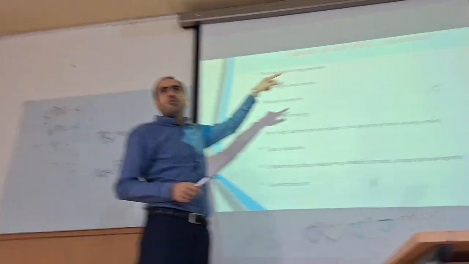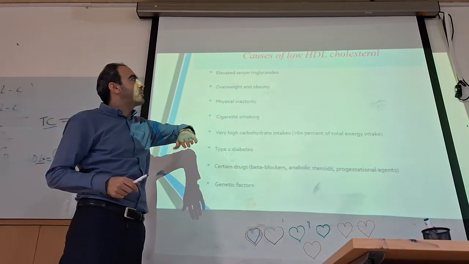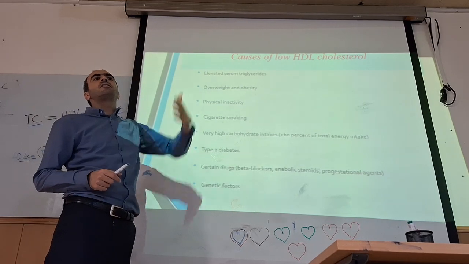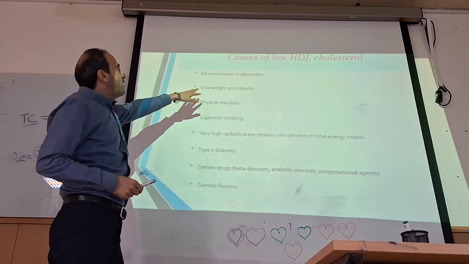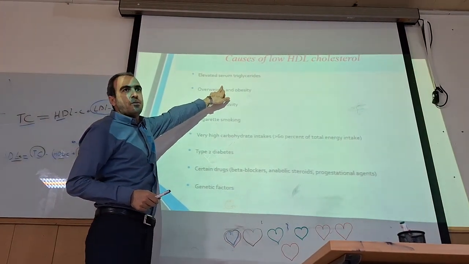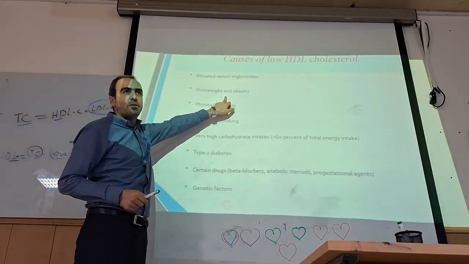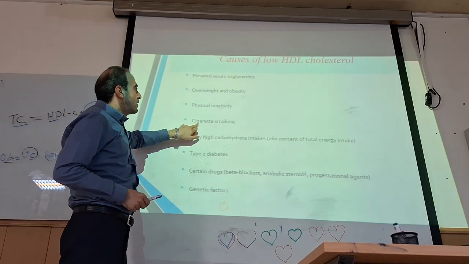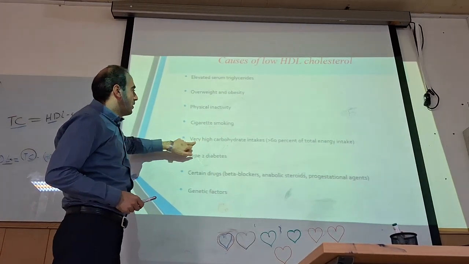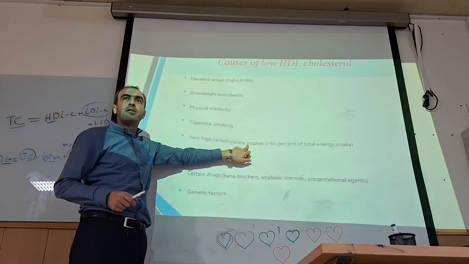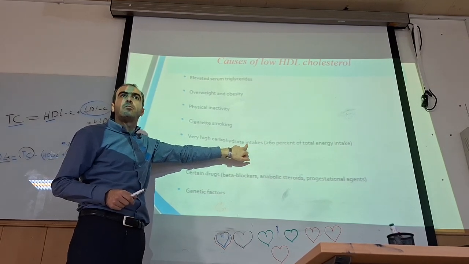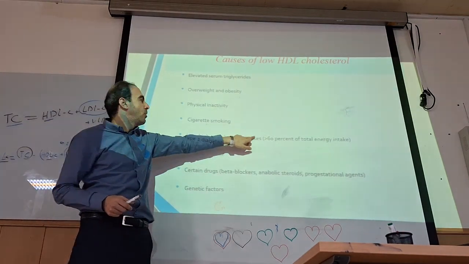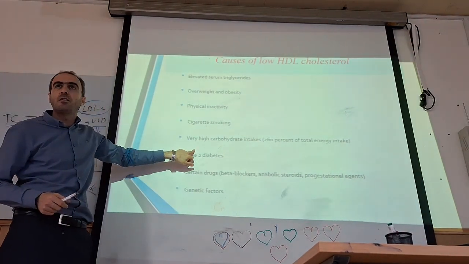The causes of HDL cholesterol decreasing are also reasons for increasing triglyceride. What are they? Elevated serum triglyceride, overweight or obesity, physical inactivity, cigarette smoking, and very high carbohydrate intake. Most of us have these, especially very high carbohydrate intake.